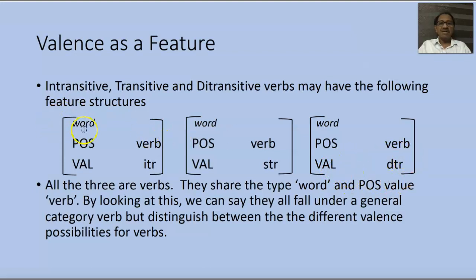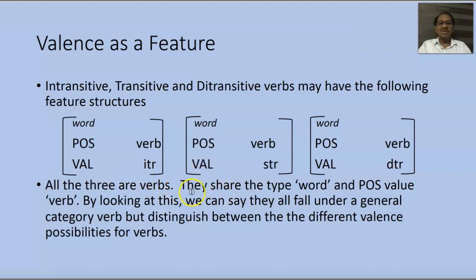But remember, all the three are of type word, and all of them have verb as the value of the parts of speech feature. Right? That is, they all belong to the type verb. All three are subtypes of verb.